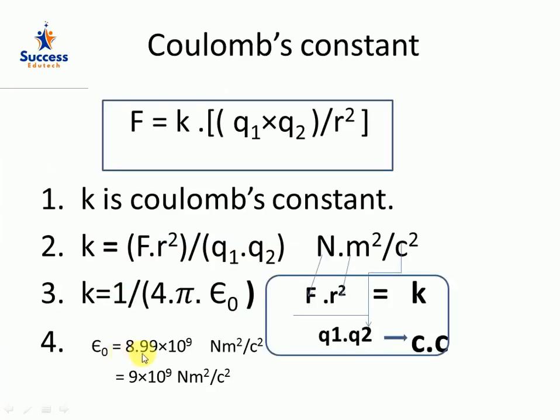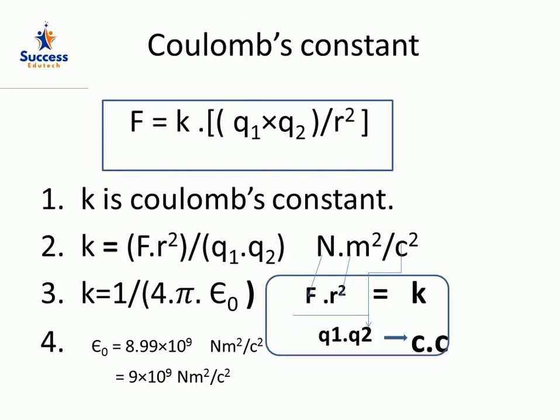It is given that 1 upon 4 pi epsilon naught is equal to 8.99 into 10 raised to 9 Newton meter square per Coulomb square, and it is approximately equal to 9 into 10 raised to 9 Newton meter square per Coulomb square. Now we will see how this unit comes. In this equation, if we move everything to the right hand side, we find the value of K as F into R square divided by Q1 into Q2.